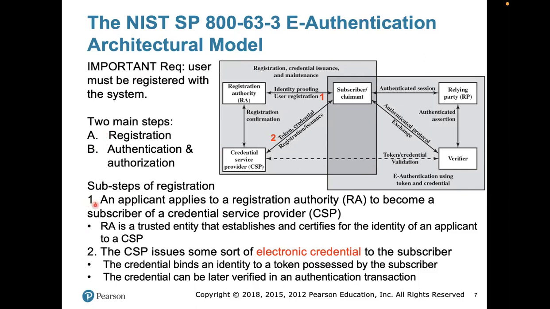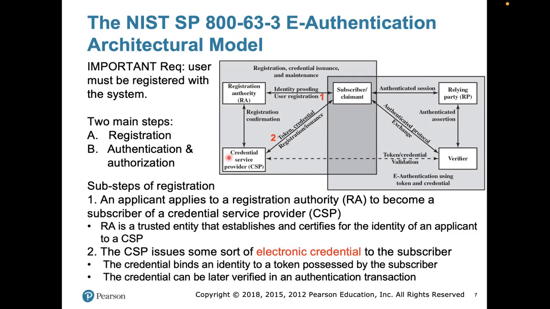The first step in the registration starts from the subscriber side. In the very first step, the subscriber or the applicant applies to a registration authority. So for the registration, we have two parties: the registration authority and the credential service provider.